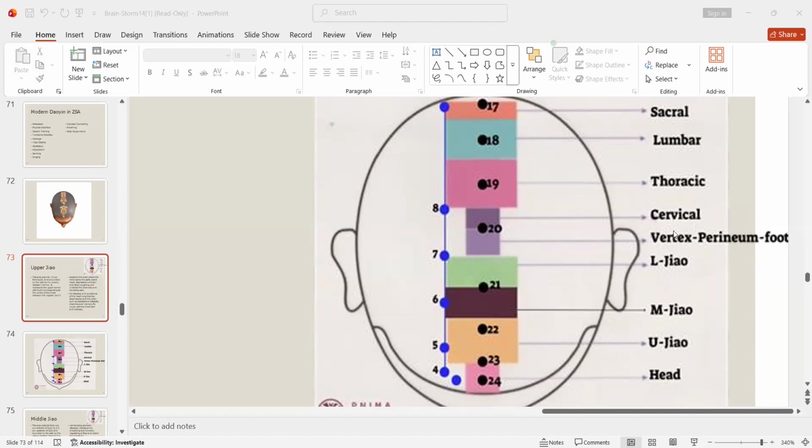Then behind DU20 there is a 0.5 area, the cervical region area. It treats cervical region problems from the back side, not from the front side.